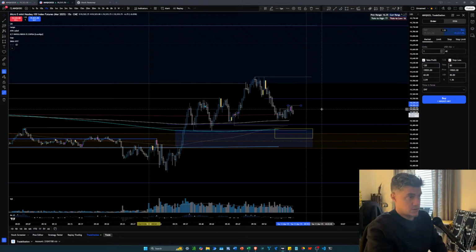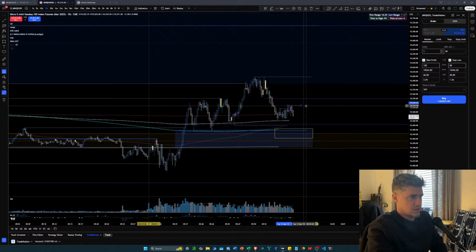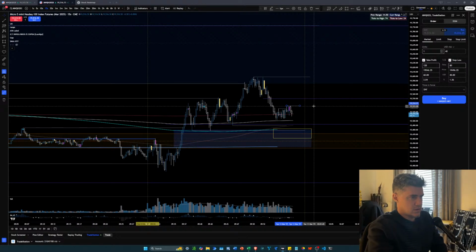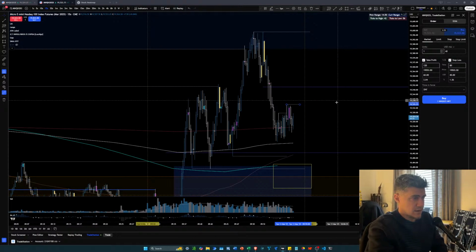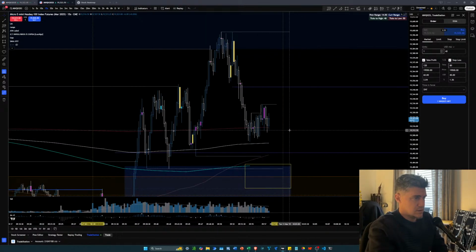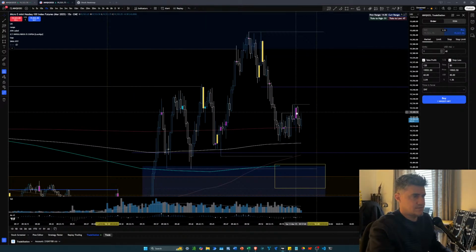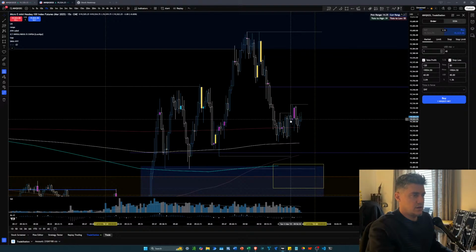1, 2. Possibly 1, 2. Yes, should still be in this trade short. Entering off the look of this candle, it's like a shooter.